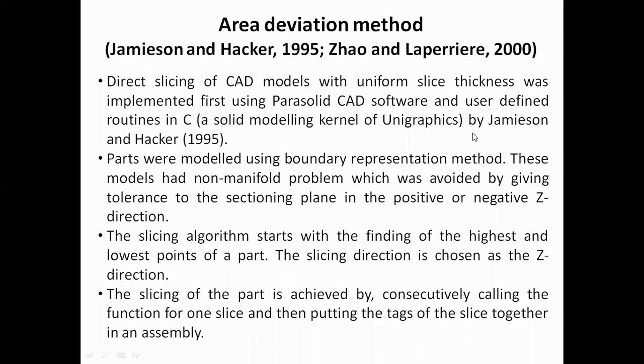In the area deviation method, they used BREP as the modeling technique, and for any non-manifold problem, they started giving a tolerance to the sectioning plane. The axis of sectioning, where the sections were going to be created, was considered to be the z-axis.